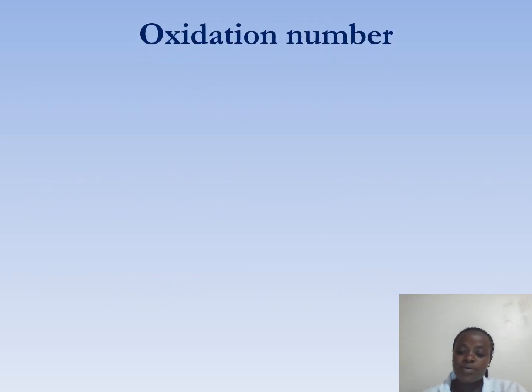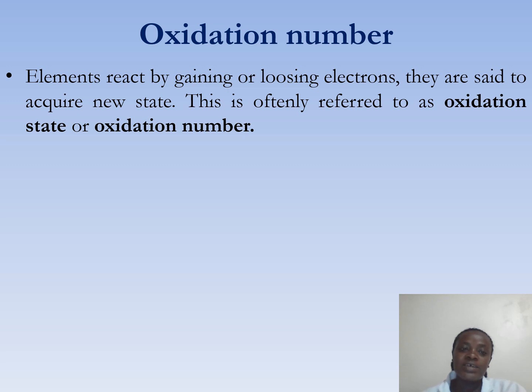Then we are going to look at the oxidation number. What is an oxidation number? So the elements react by gaining or losing electrons. As we have seen earlier, they gain electrons or lose electrons either to become cations or anions. So when they lose or gain electrons, they are said to acquire new states. So this new state is often referred to as the oxidation state or the oxidation number.